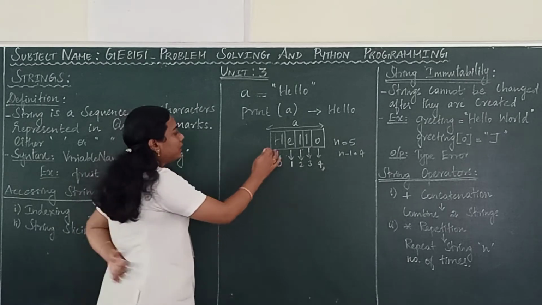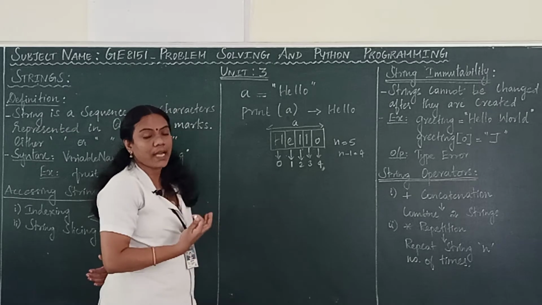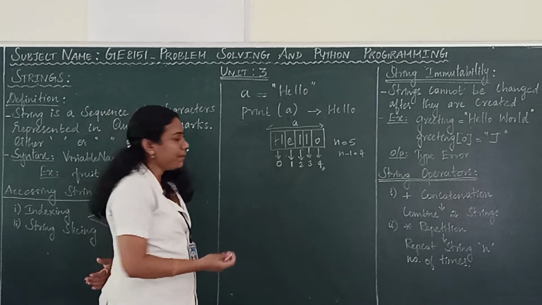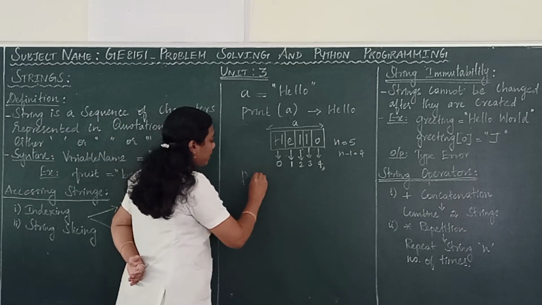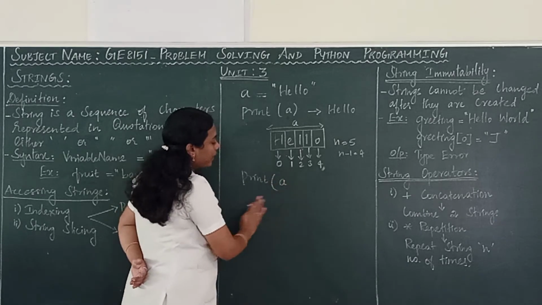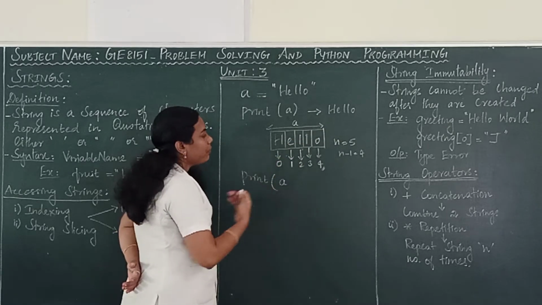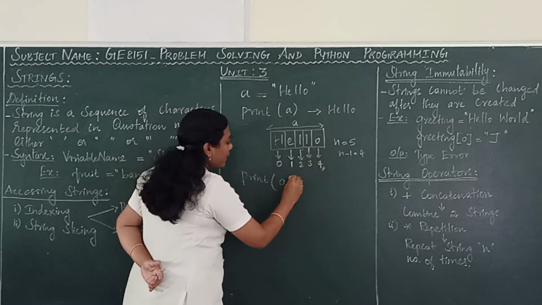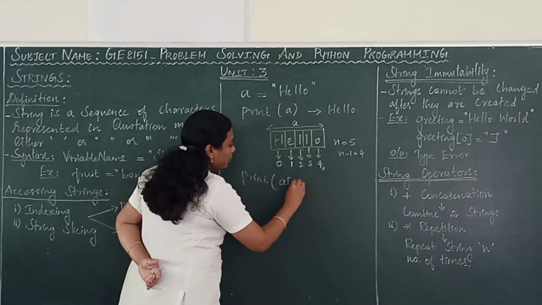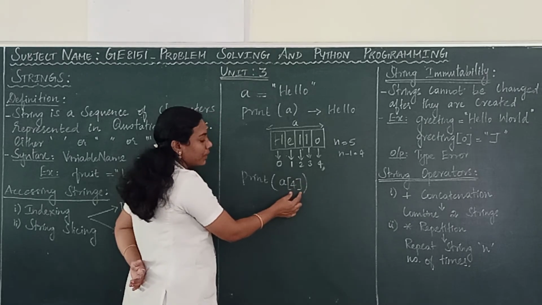At this time, with the help of this index value, I can print a single character from this string. Inside the print statement, if I print the name of the string A, I will get the output like this, the complete string. But if I need to print this O alone, I can give the index position, A followed by 4, inside the square brackets.